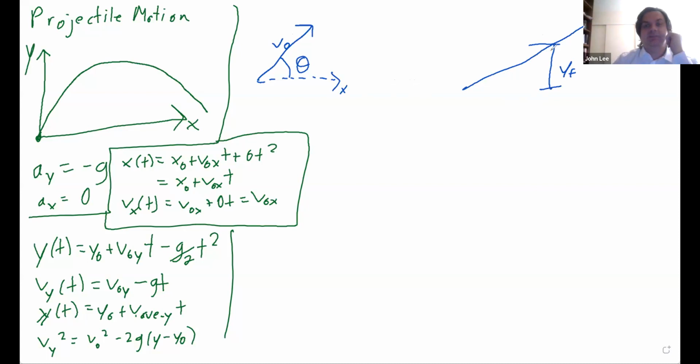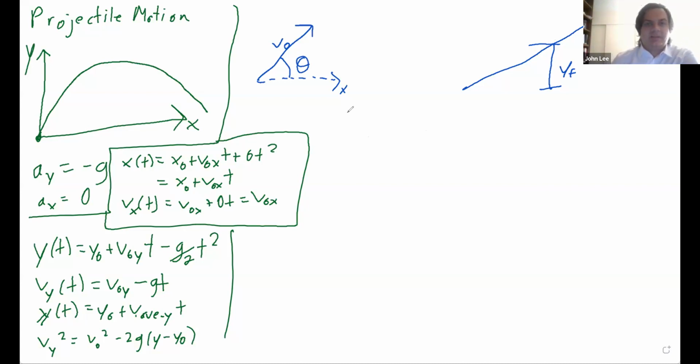So it goes off into the stands at some distance above your initial position, and you want to know what time it takes in order to do that, how far out that is, and what the final velocity is going to be like.